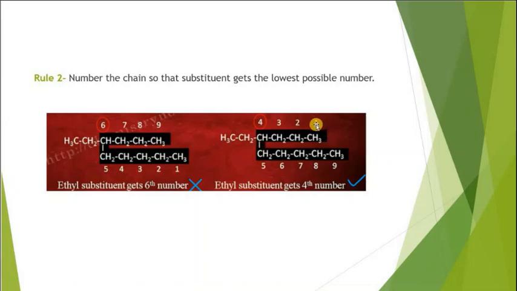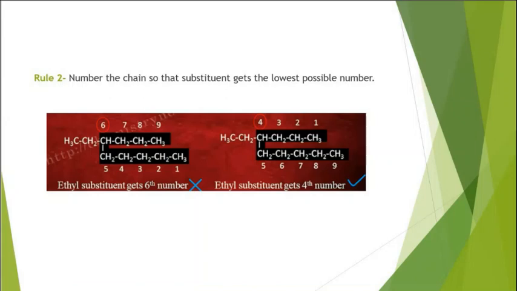But if I start numbering from this side, that is this carbon is numbered 1, 2, 3, 4, 5, 6, 7, 8 and 9, in this case the substituent is attached at position number 4, at the 4th carbon atom. So we should always follow the numbering which gives the lowest number to the substituent that is attached. So this will be the correct numbering. What you have to do, first of all, is choose the longest continuous chain. Then number the carbon atoms so that the substituent gets the lowest number.